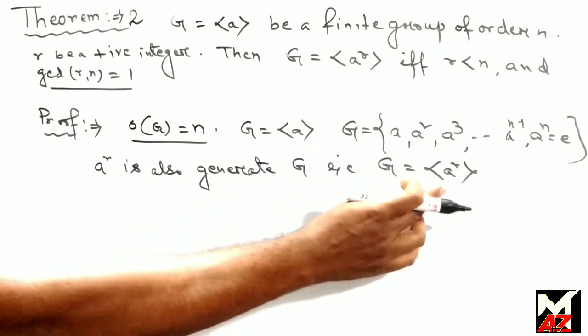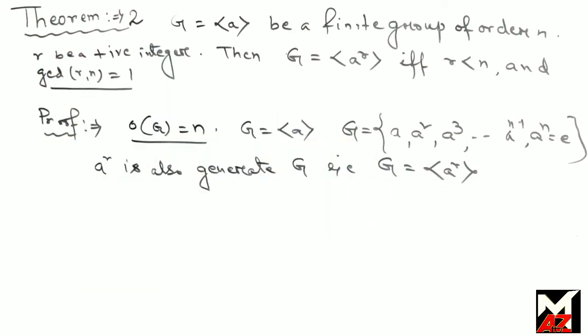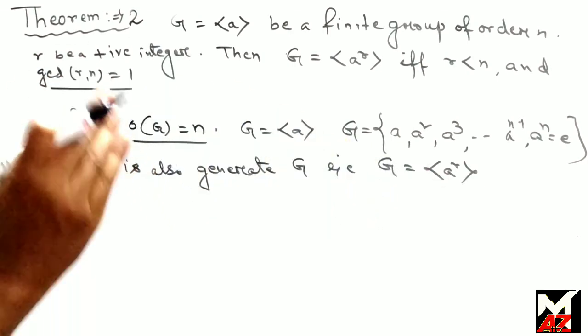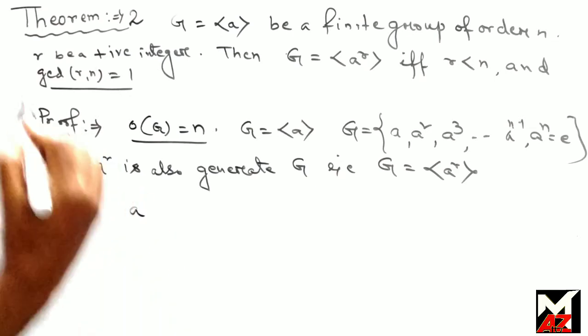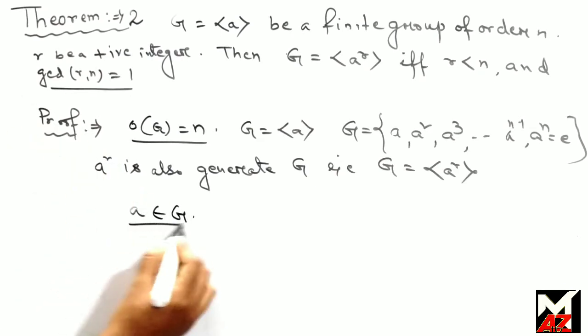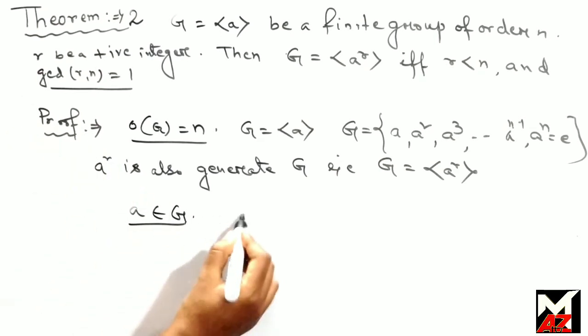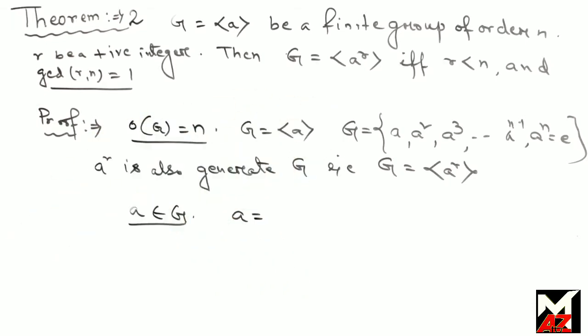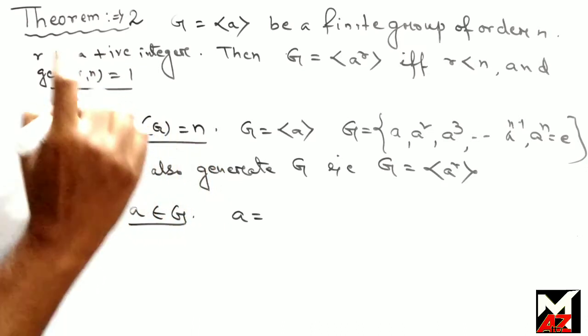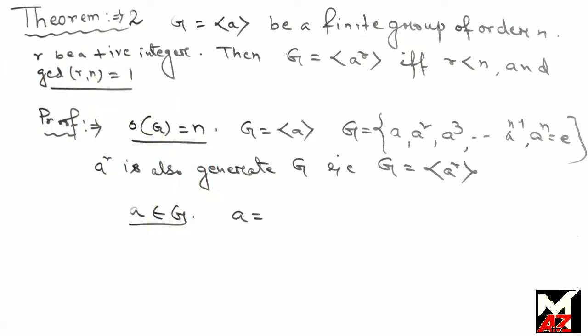Since a to the power r generates G, so a to the power r must generate all the elements of G. Here a is an element of G. So a must also be generated by a to the power r. So a is some power of a to the power r.